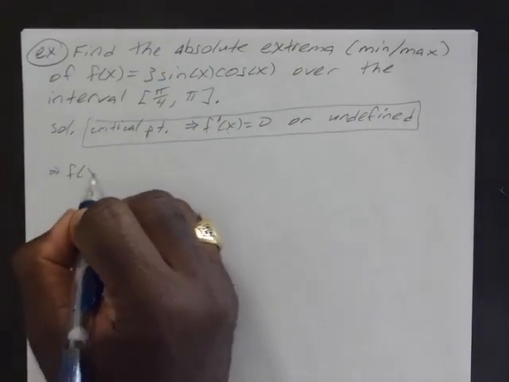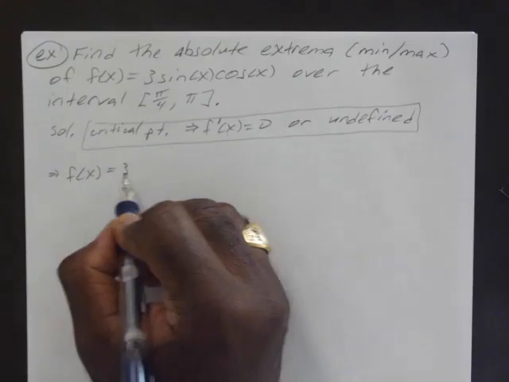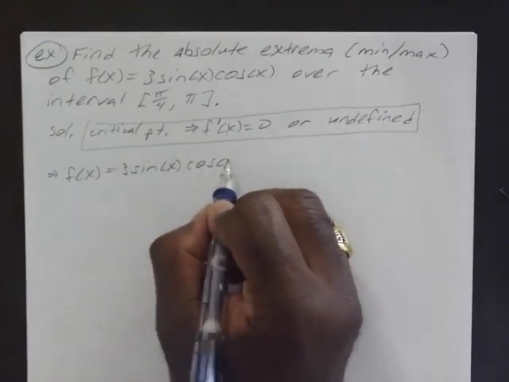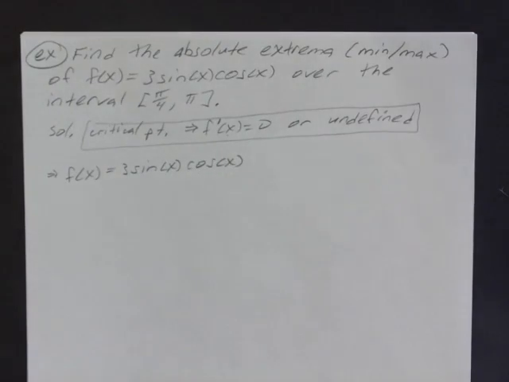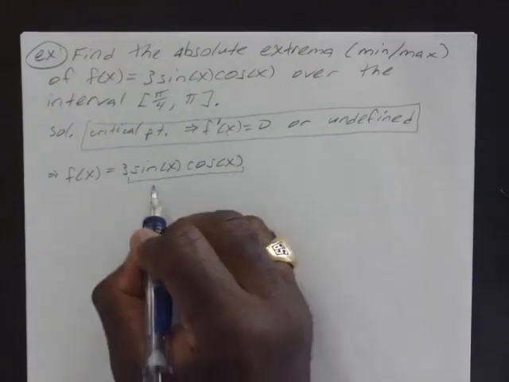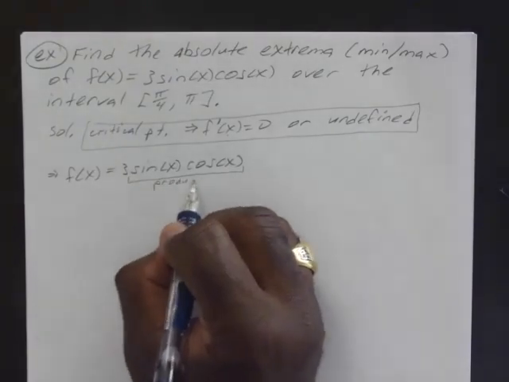Okay, so we have f of x equals 3 times sine of x times cosine of x. We want to find the derivative of the product of two functions, so we know we're going to have to use the product rule.